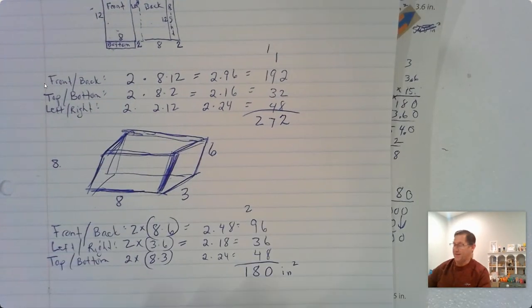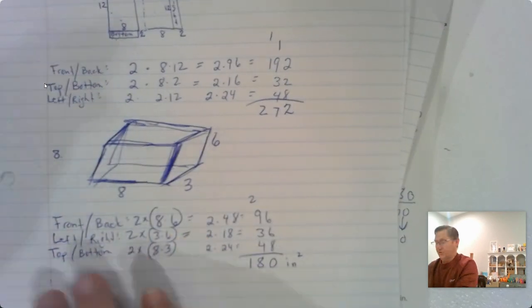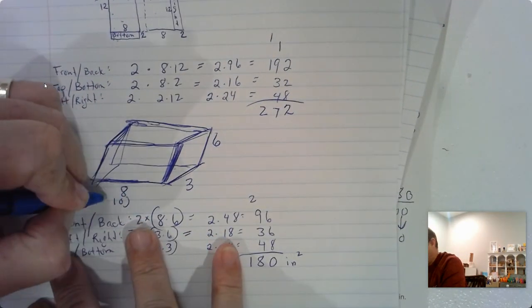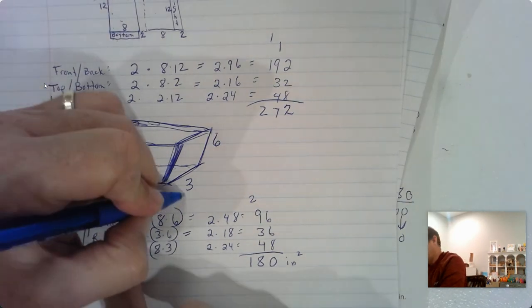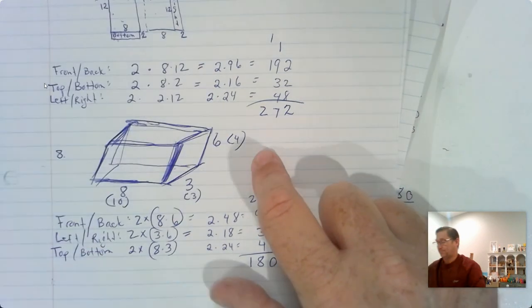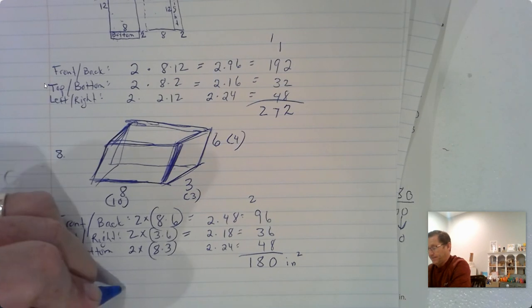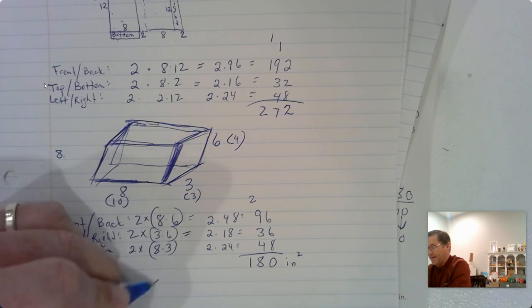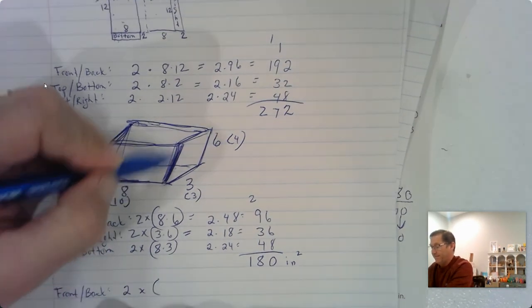Okay, now box B. So rather than draw a whole new shape, I'm just going to put the other dimensions underneath it. So the second one is 10 by 3 by 4. All right, so the front and back, in this case, is going to be 2 times. The front is 10 by 4.